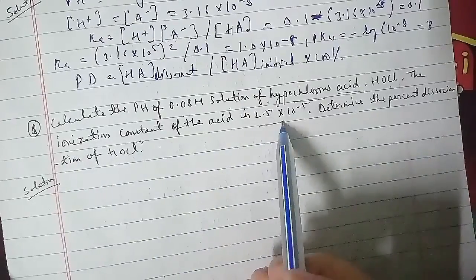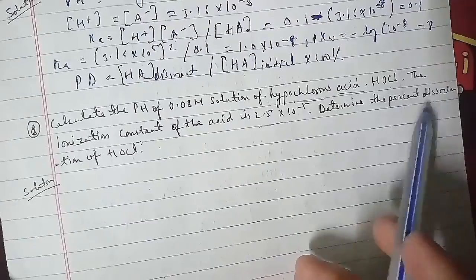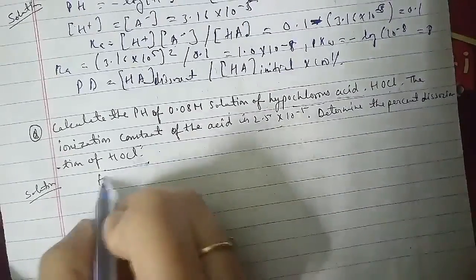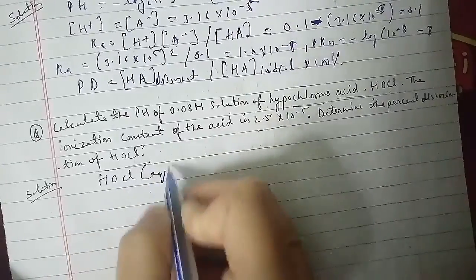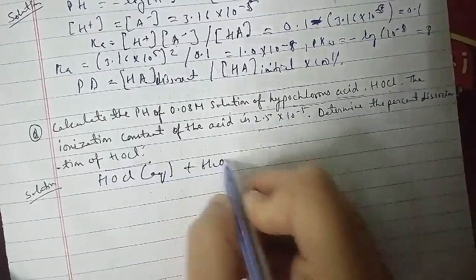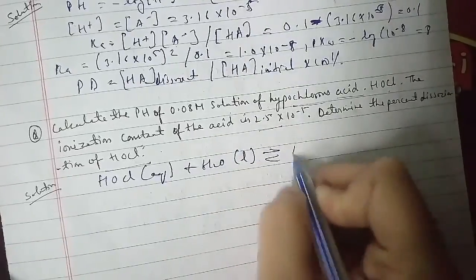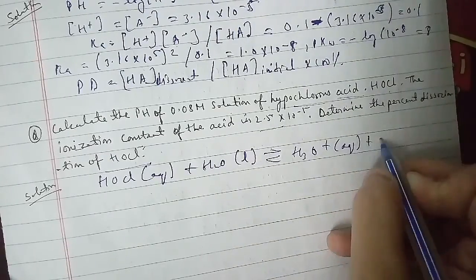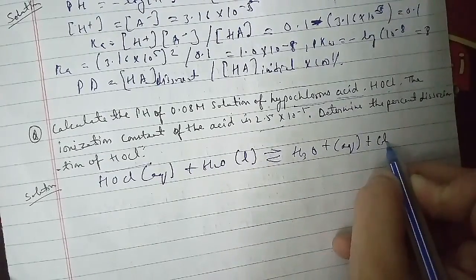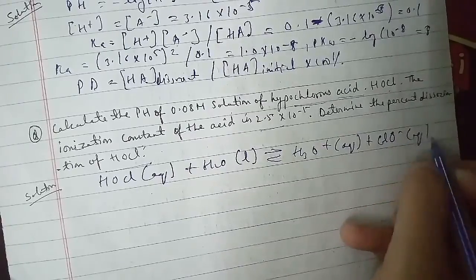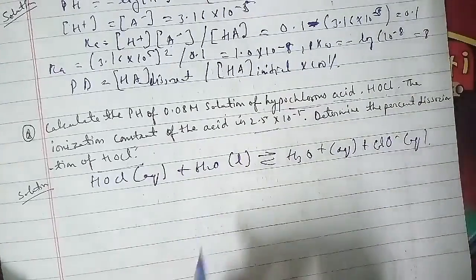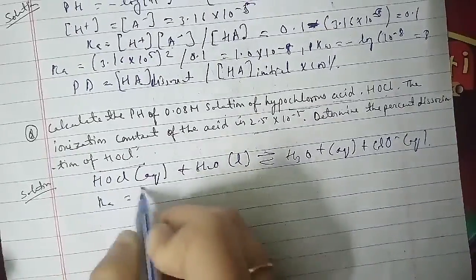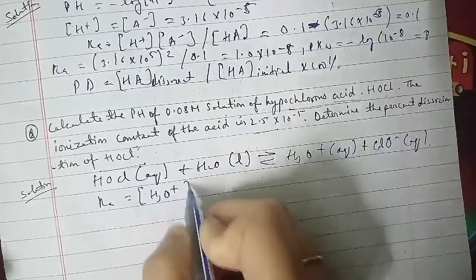Therefore the percentage dissociation is equal to the dissociated HOCl upon the undissociated HOCl, multiplied by 100, and for that we will find 1.41 × 10^-3 over 0.08, that is equal to 1.76%.